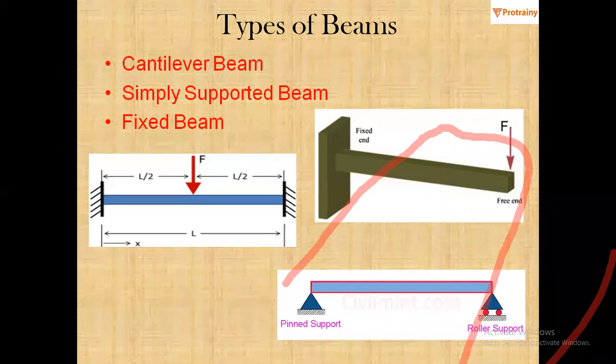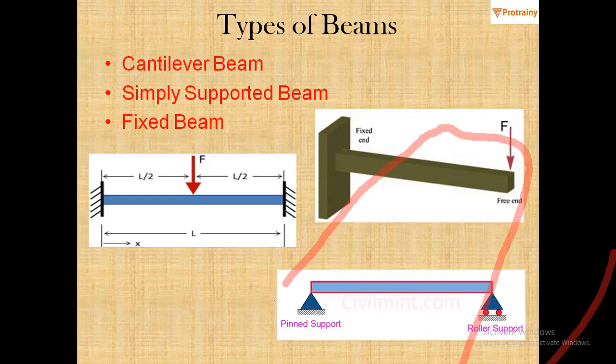So basically what you are going to face when it comes to RCC: in steel, ठीक है, you can design a connection so that your beam acts as a simply supported beam. But in RCC, it is very difficult to create a hinge. So basically what we have to deal with is fixed beams.